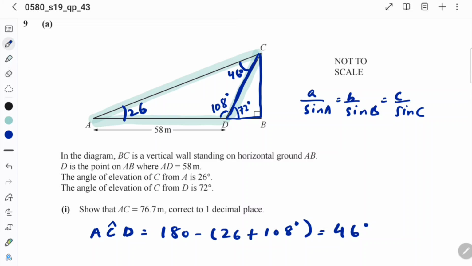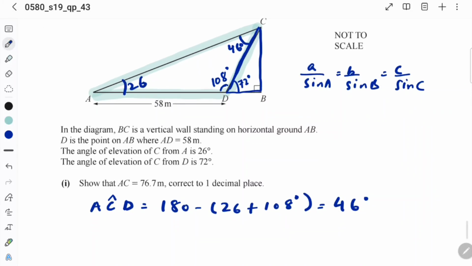So we write AC upon sine of 108 degrees equals 58 upon sine of 46 degrees. Opposite to 58 is 46 degrees, and the unknown length AC is opposite to 108.